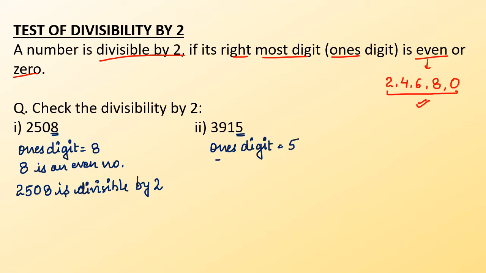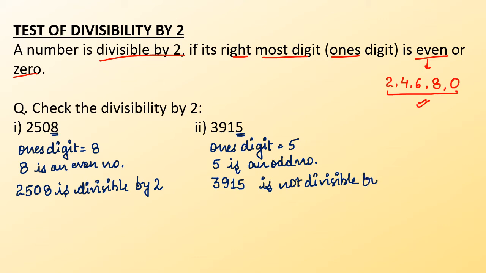Now 5 is an odd digit, or you can say it is an odd number. Therefore it is not divisible by 2. Therefore 3915 is not divisible by 2. So in this way we can check whether a number is divisible by 2 or not.